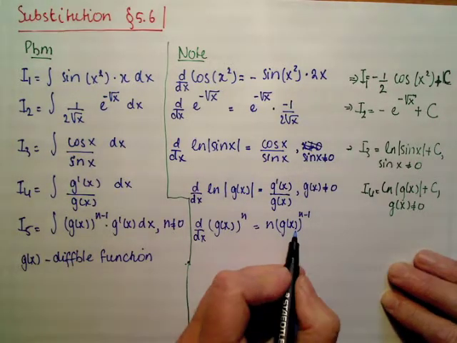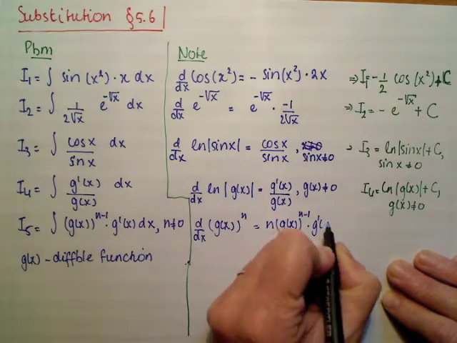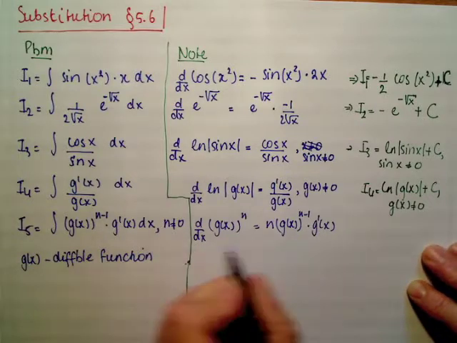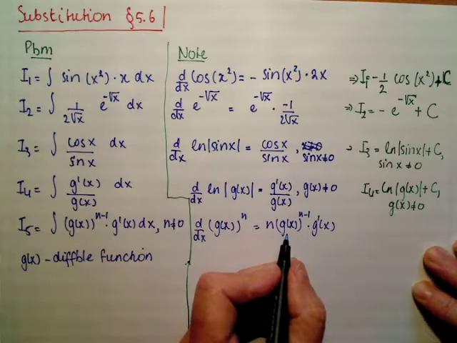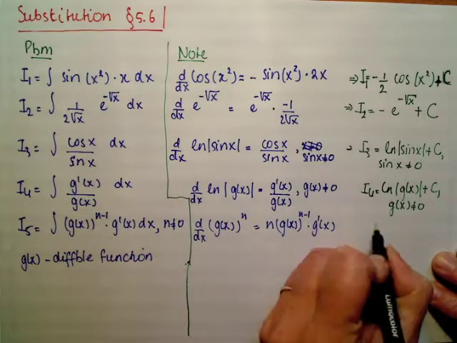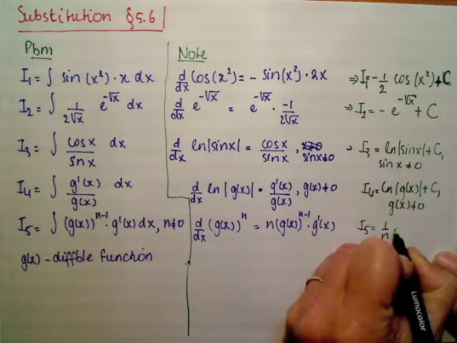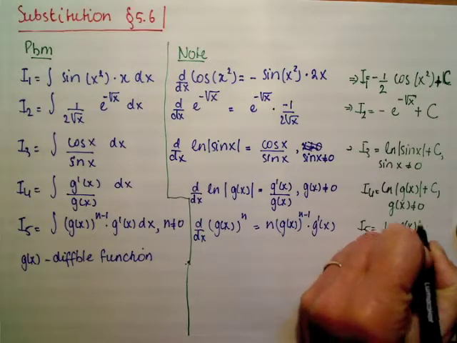Differentiating decreases the power by 1, but by the chain rule we have to multiply by the derivative of this function. And we see that we have a factor of n between what we have to integrate and this derivative. So our required primitive is then equal to 1 over n multiplied by g of x to the power n.